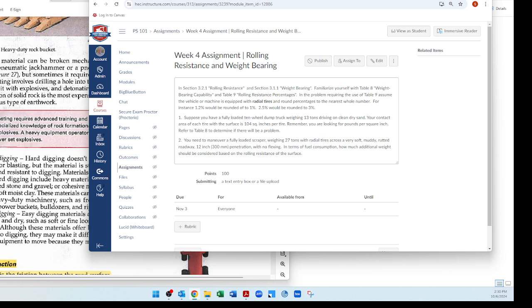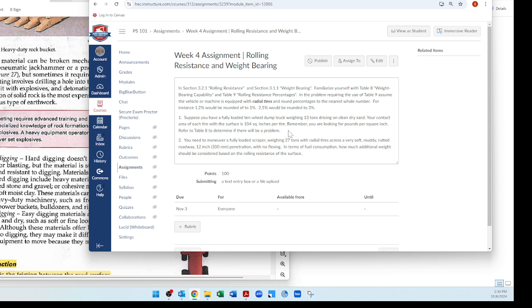Your contact area of each tire surface is 104 square inches. That sounds familiar. Per tire. Remember, how many tires do you have? It's a 10-wheeler. Remember, you are looking for pounds per square inch. Refer to table 8 to determine if there will be a problem.